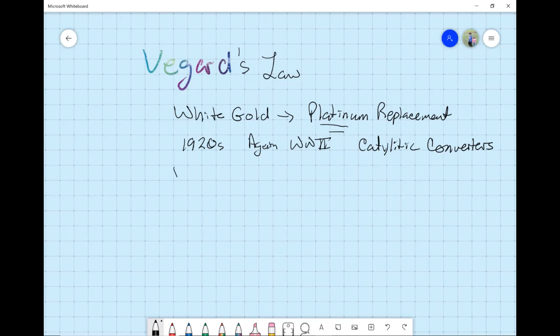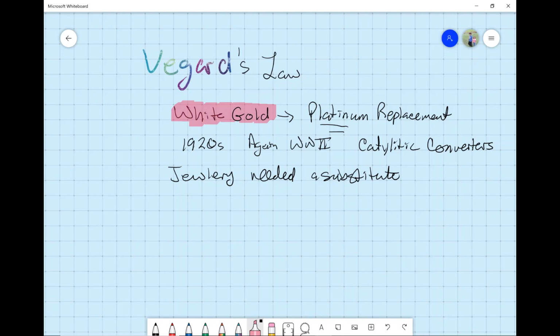And so basically the jewelry industry needed a substitute. And so that substitute, you guessed it, gold.